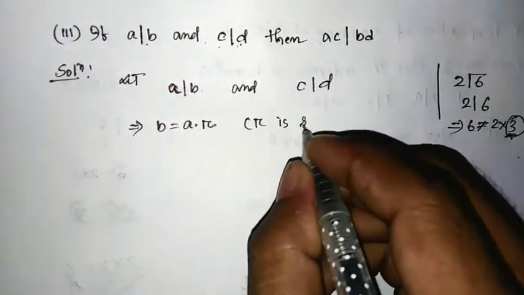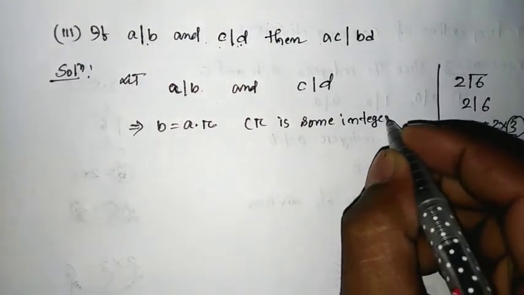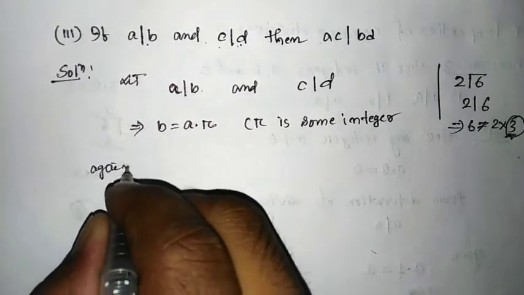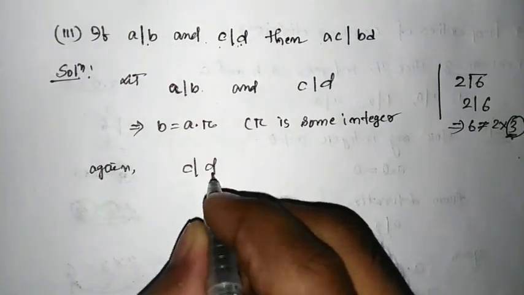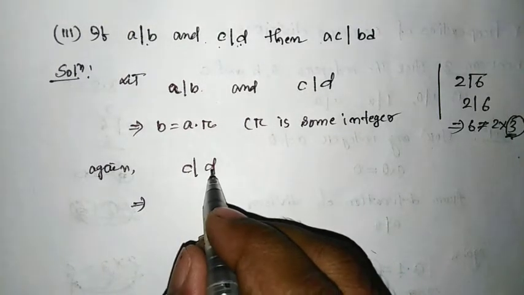So from this line we can write b is equal to a into something. Suppose a into r, where r is some integer. You have to write r is some integer.